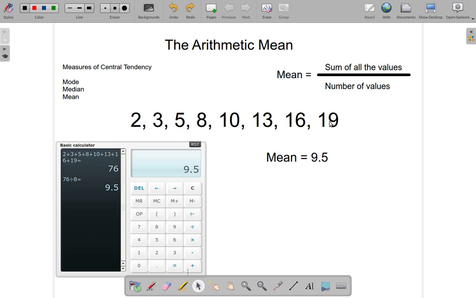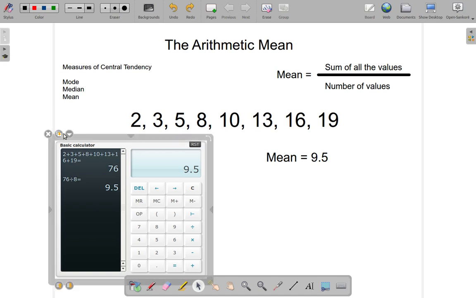These numbers could have meant the number of people at a meeting, at our first 8 meetings, and then you say for the first 8 meetings we have an average of 9.5 persons, although you know that you don't have half a person. Your 0.5 means half. Alright, but that's the general idea, the sum of all the values divided by the number of values. But don't worry too much if you get a fraction where you're not supposed to get a fraction, right?